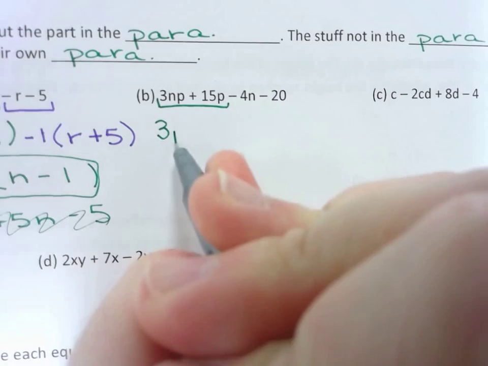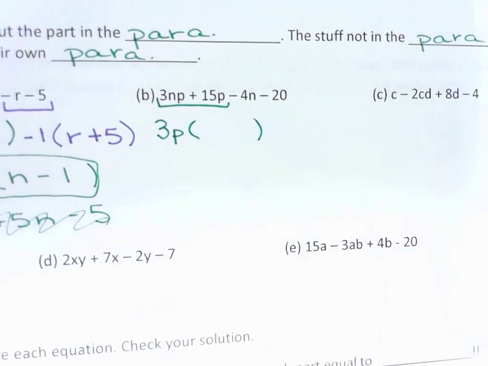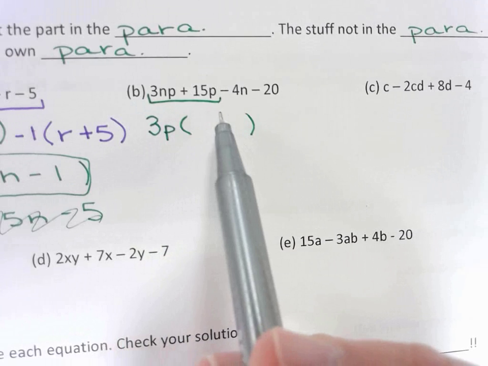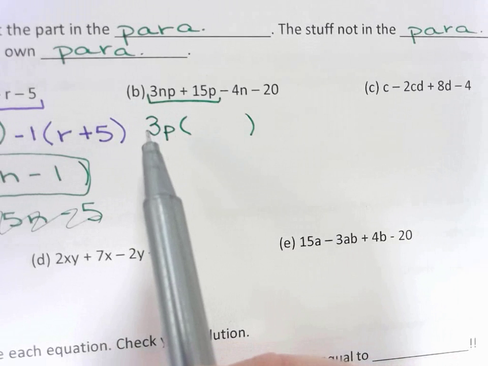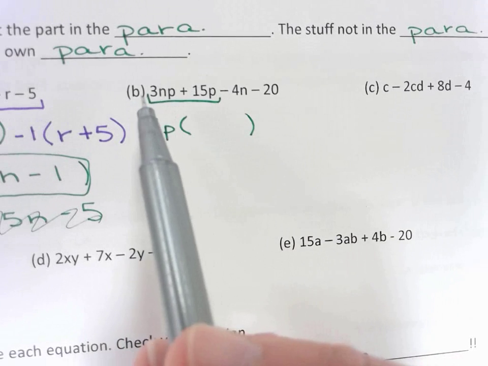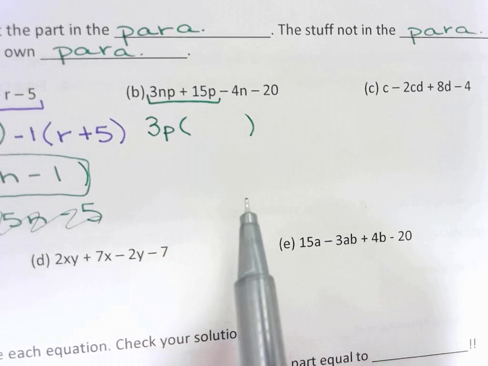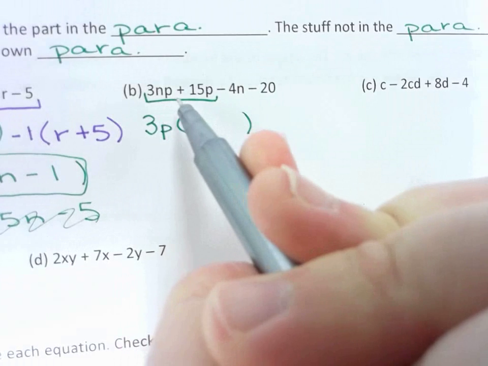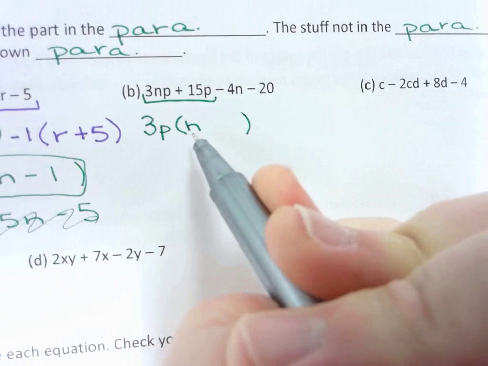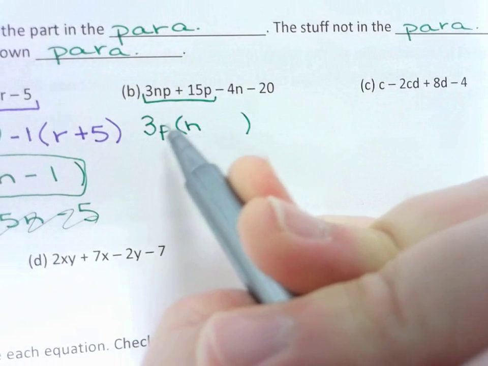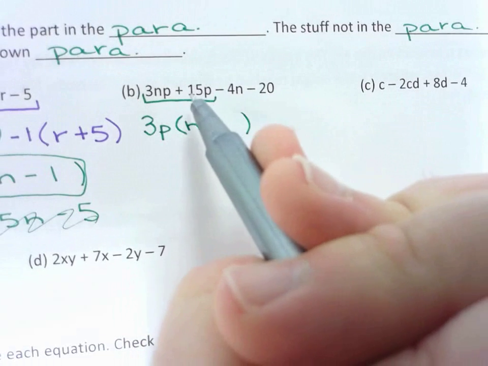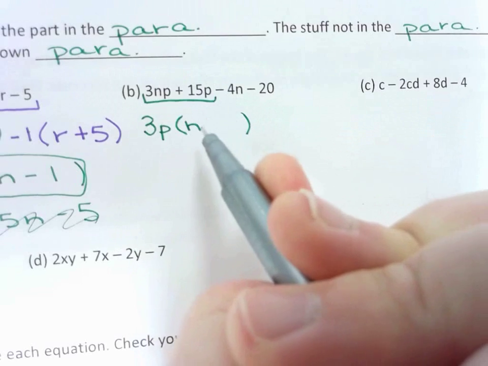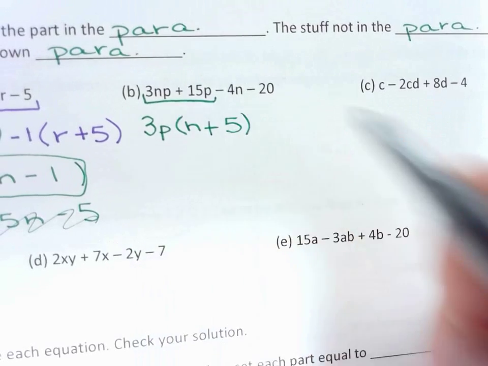So I'm going to take out a 3p. Now let's see what's left. 3p times what gives me 3np? n. I started with 3np, took out a 3p, so I have an n left. 3p times what will give me back 15p? Positive 5. So n plus 5.